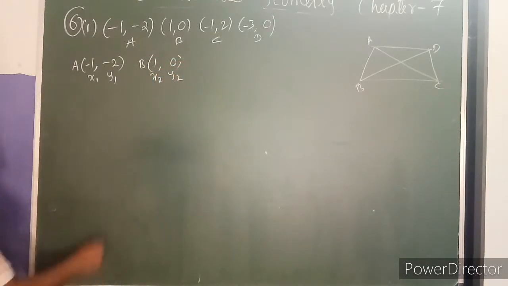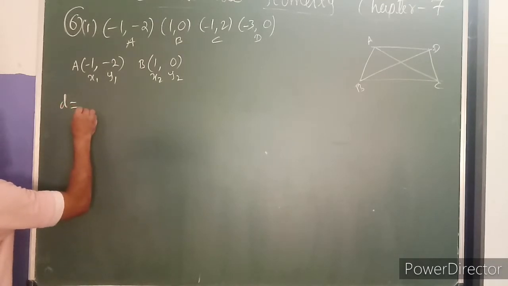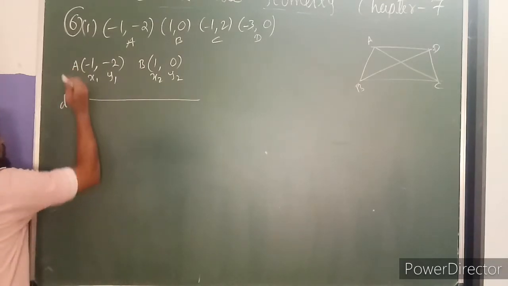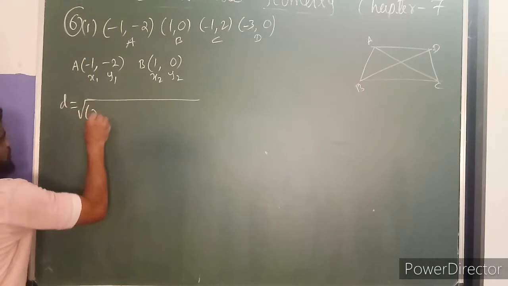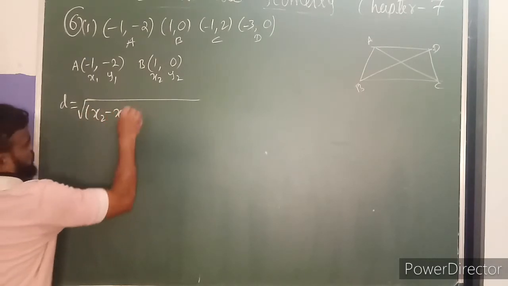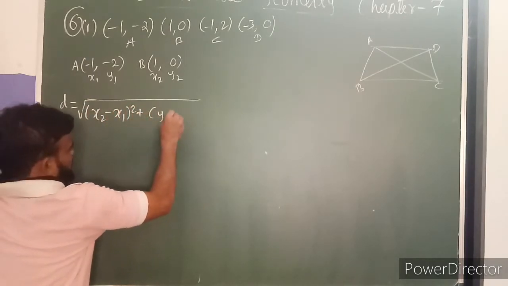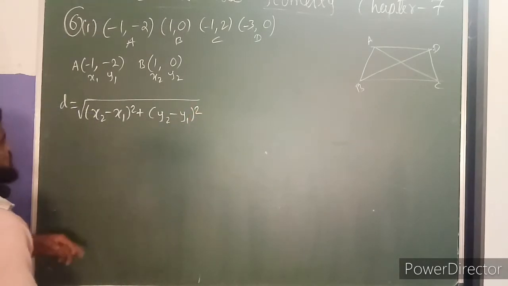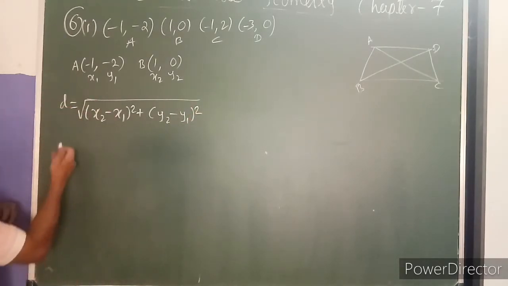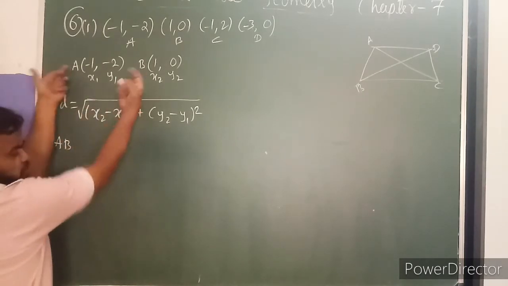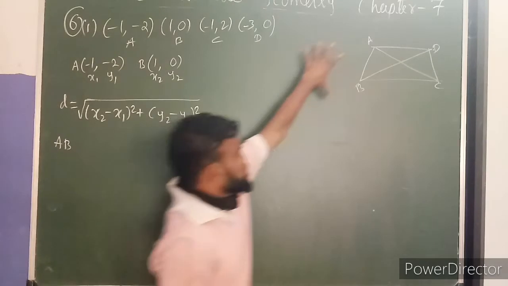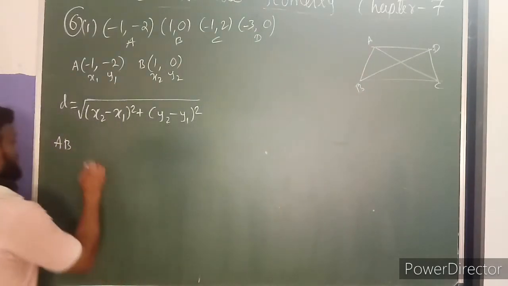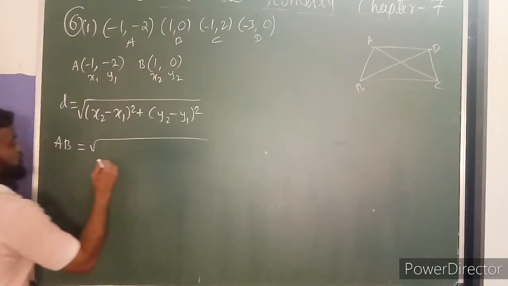Again the same similar distance formula, d is equal to (x2 minus x1) whole square plus (y2 minus y1) whole square. According to the formula, first side we are taking, we are finding the distance AB. AB is equal to under root.